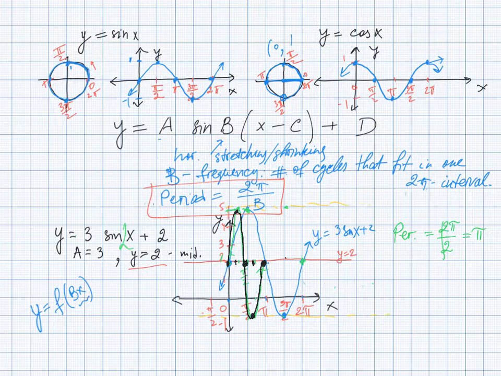So I divide it into 4 sections. Beginning of the cycle, quarter of the cycle, the highest point, back to the middle, the lowest point, back to the middle, connecting them. So you can see now that there are 2 cycles, 1 and 2, that fit into one 2 pi interval. That's what frequency means.